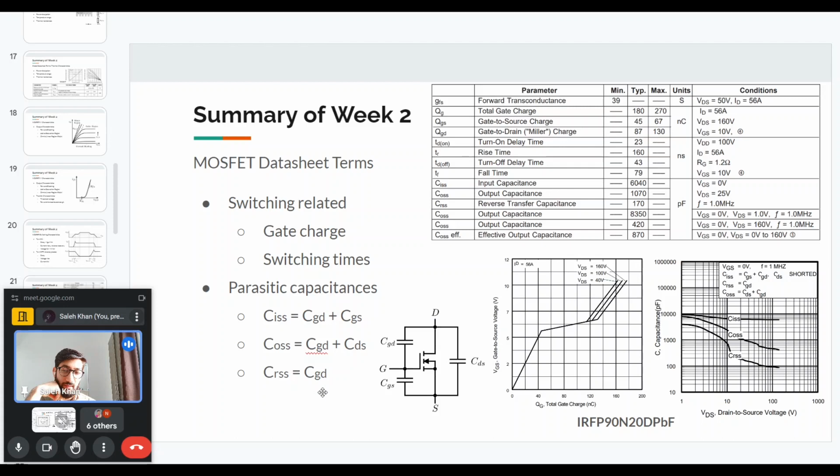And this is actually very useful because once you know the CRSS, you can basically isolate CDS and CGS from the CISS and COSS because you just have to substitute for CGD. So the definition of CRSS is given here, and then based on CRSS, you can figure out what is CGS and CDS.